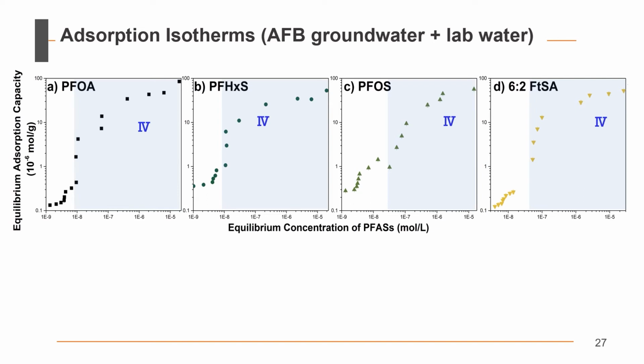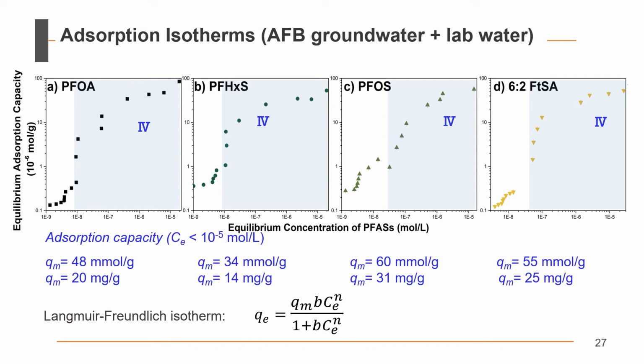And the adsorption capacity, if you look at the number, in milligram per gram: PFOS was able to reach 31 milligram per gram. The second one in the middle is PFHxS, a 6-carbon sulfonate, very similar to PFOS, at 14. For PFOA, 20 milligram per gram.